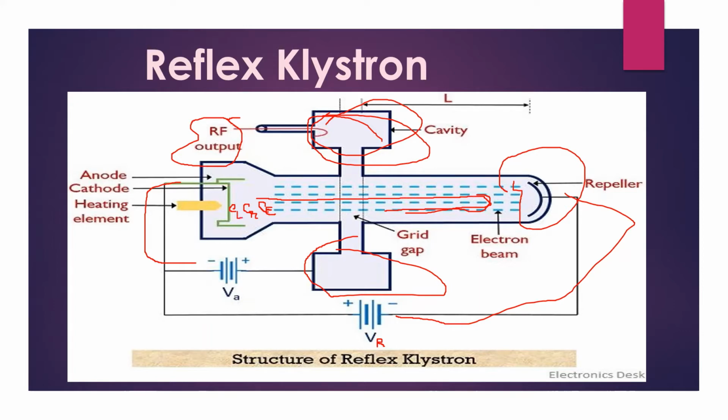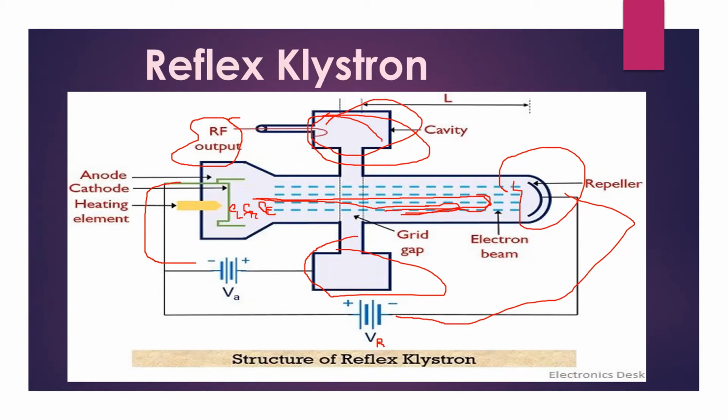EE, the early electrons, will have high velocity, so they will penetrate more into the repeller space, and then they will be repelled back to the cavity. Reference electrons are the electrons which are in the normal condition. That means they will go and again be repelled by the repeller electrode, and they will move towards the cavity.